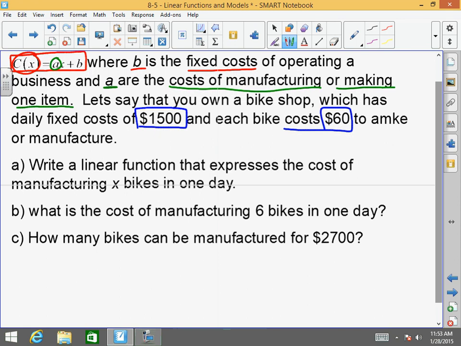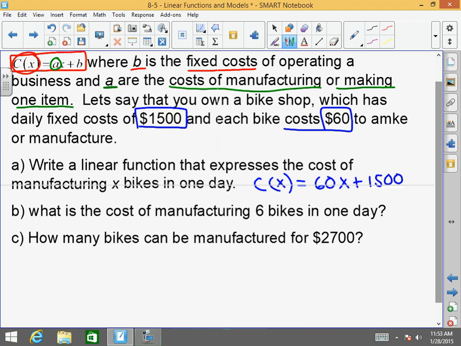Well, my cost function, C of x, the cost of making bikes in one day equals $60 for every bike plus $1,500, which are my fixed costs. So whether I make 0 bikes or 1,000,000 bikes, I'm going to have to at least pay $1,500 for sure.